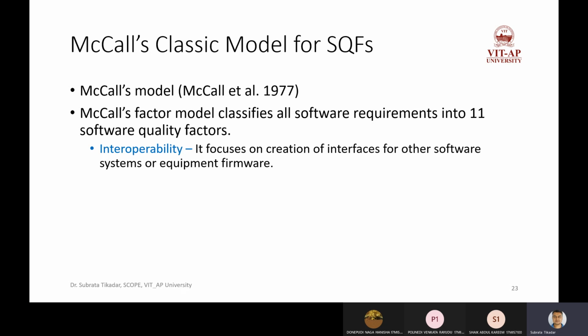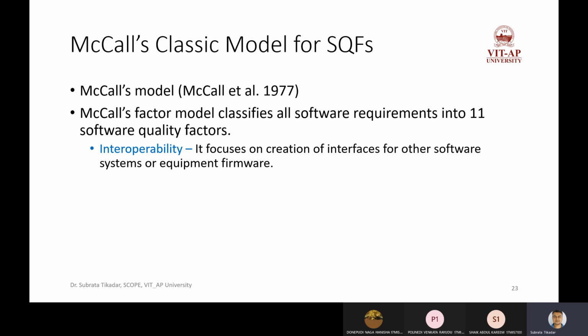Then interoperability. This interoperability focuses on the creation of interfaces for other software systems or equipment firmware. Suppose you are building a software system for a medical laboratory, and there are some other existing software for doctors and nurses, for example.